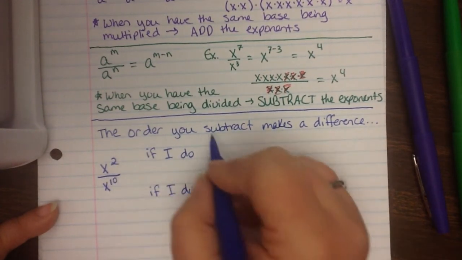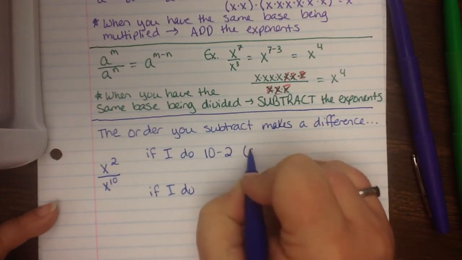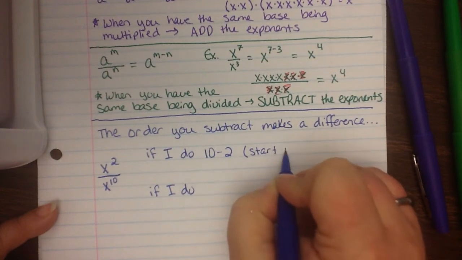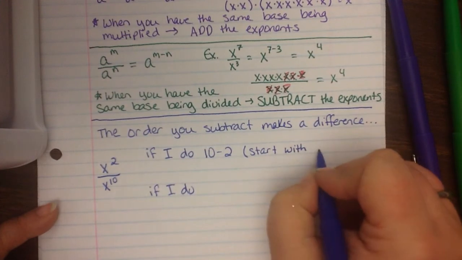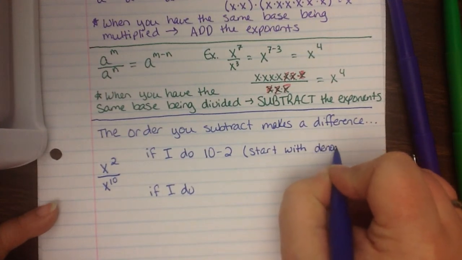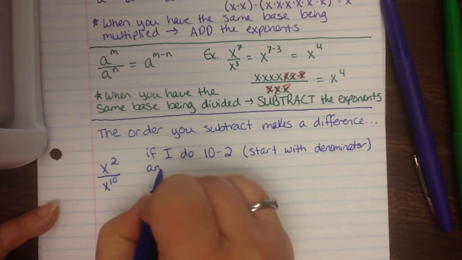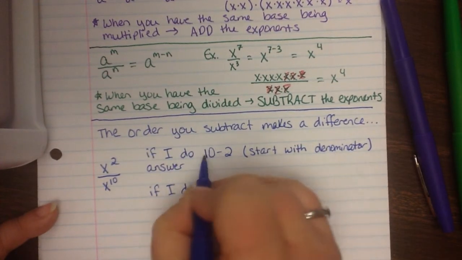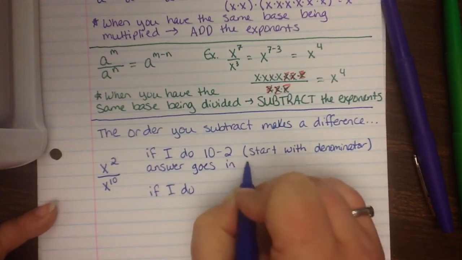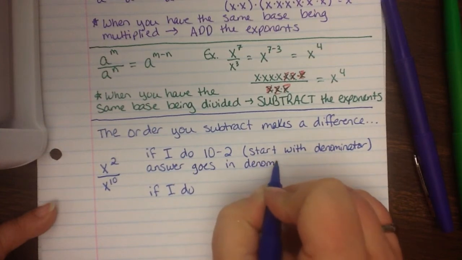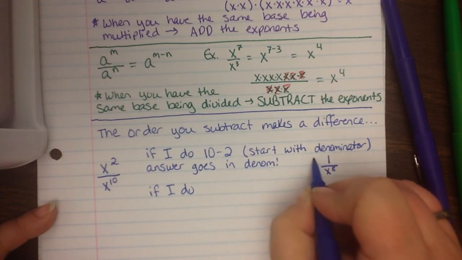But if I start with the big one, 10, and subtract 2, so I started with, where's the 10? Numerator or denominator? It's in the denominator. If I started with the denominator, then the answer, when I do 10 minus 2 and get 8, the answer goes in the denominator. So it would be 1 divided by x to the 8th.